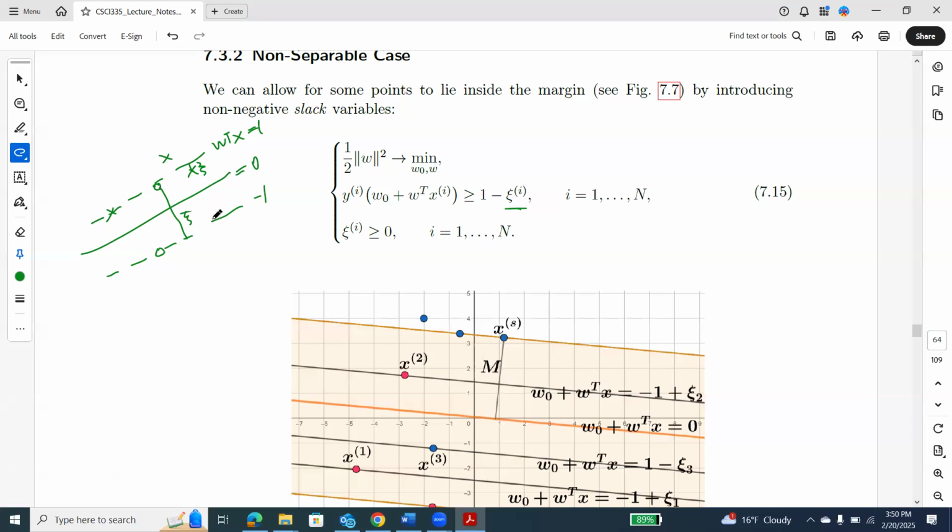We call these slack variables. So for example, X1, X2. In other words, on these lines, which we call support lines of our algorithm, margin equals 1.